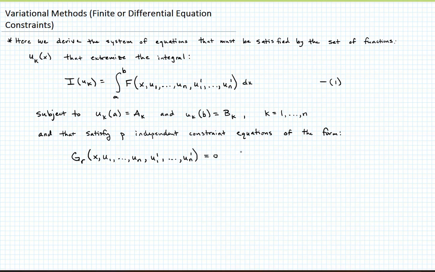That's how our constraint equations are going to be formed, and r goes from 1 up to p. Let's call this equation 2.